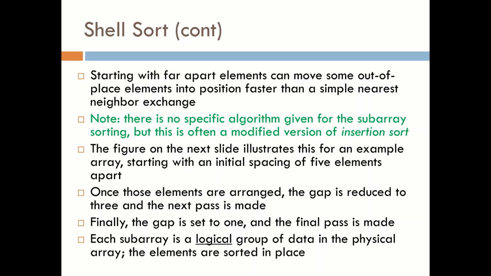In each case, it's important to understand that the subarray that we're taking a look at is a logical subarray. So this is an in-place sorting algorithm, so we're not maintaining a separate array. We're just choosing to not consider some of the data items. And hopefully the example will make that more clear.